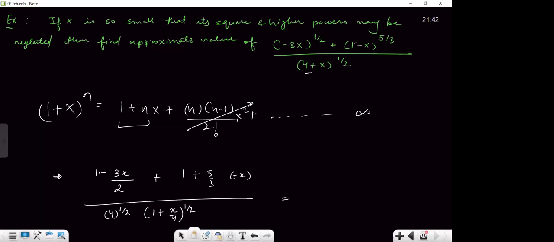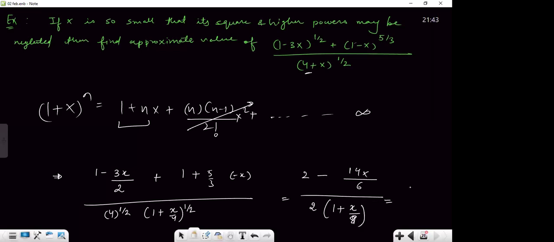So 1 + 2 here, taking LCM as 6, we get 9x + 5x, 14x divided by 4, square root becomes 2 into (1 + x/4 into half, x/8).